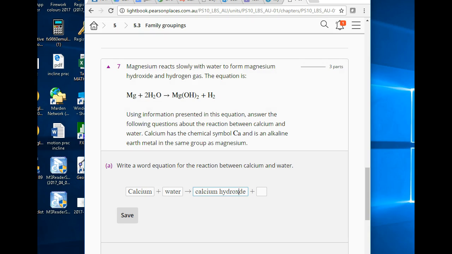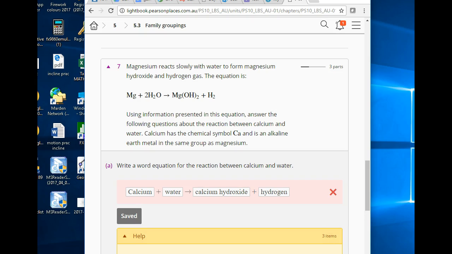So it'd be interesting to see if I do a misspelling whether it'll reject it. Okay, now I believe that that's correct. And it says it's incorrect. Calcium hydroxide and hydrogen. So I'll look at the help.